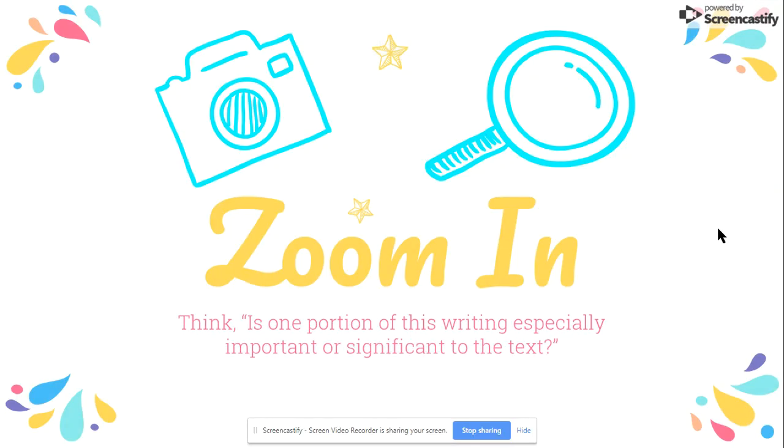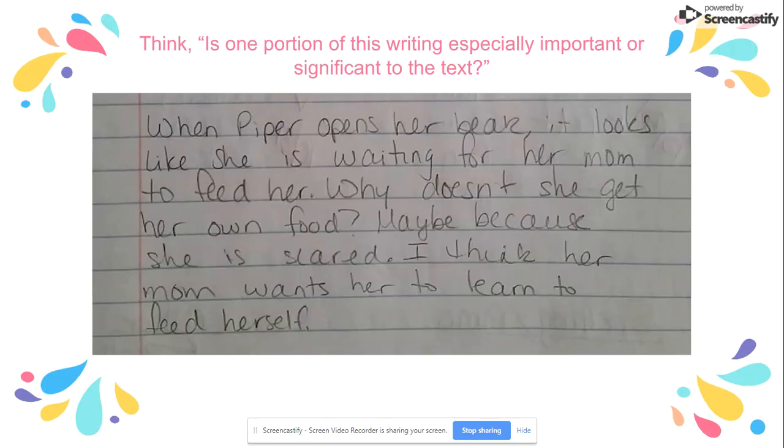We're going to zoom in on ideas that we think are especially important or significant to the text. Here's my writing from Piper, a section of my writing, and I'm going to reread it, thinking, is one portion of this writing especially important or significant to the text? Now, I've already selected a section that I thought was pretty significant.